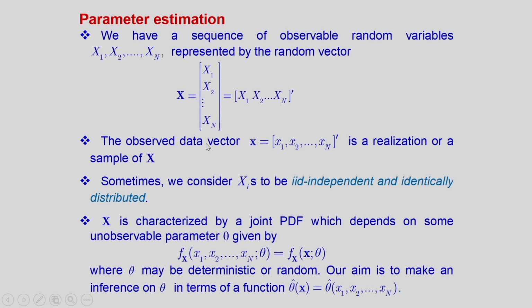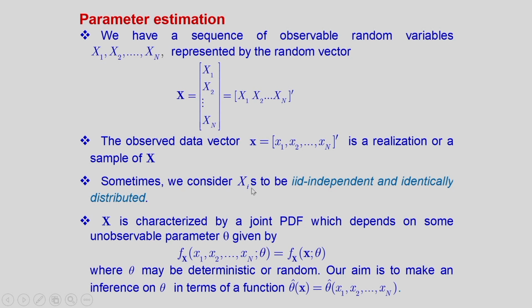The observed data vector, small x, that is small x1, small x2 up to small xn transpose, is a realization for the samples of X, because X is a random vector and whatever we observe at a particular time constitutes a realization for the sample of X. So, small x is a realization, capital X is a random vector.